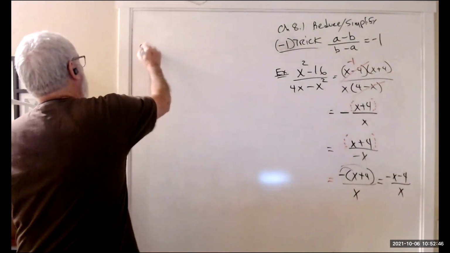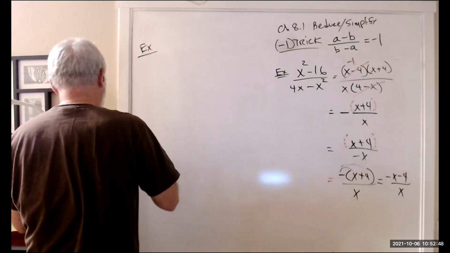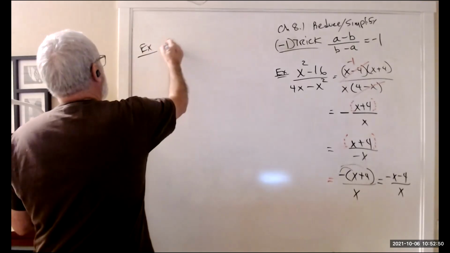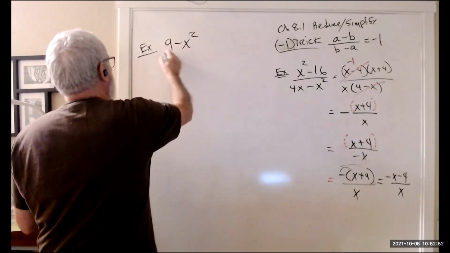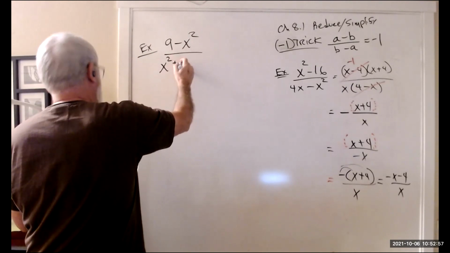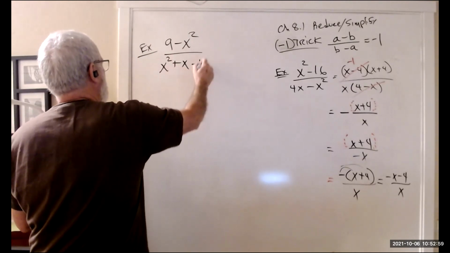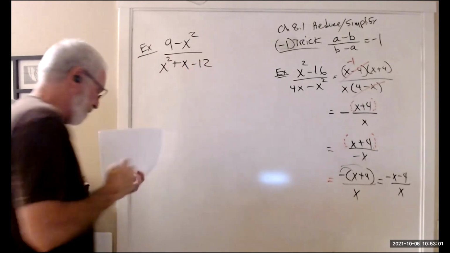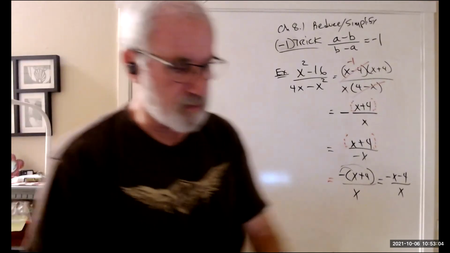Okay, you guys try this one. 9 minus x squared on top and x squared plus x minus 12 on bottom. Do a pause.